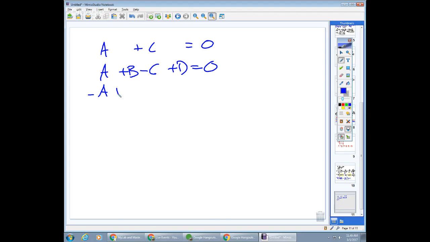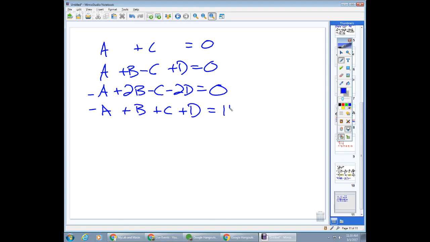Negative A, and I can show you how I got this tomorrow, 2B minus C minus 2D was also 0, and negative A plus B plus C plus D was equal to 11.